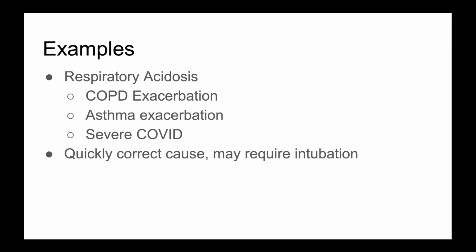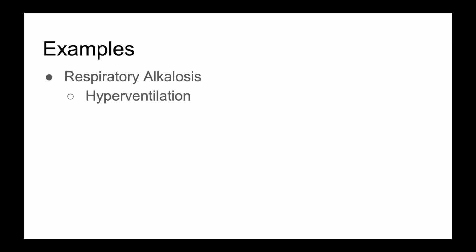Respiratory acidosis tends to be some kind of asthma exacerbation, COPD exacerbation, or lately it's been something like severe COVID. When someone has a severe respiratory acidosis, very often they end up needing to be intubated, or at the very least the cause needs to be corrected immediately. On the other end, alkalosis tends not to be as critical or as dangerous, but it is something that still needs to be corrected.